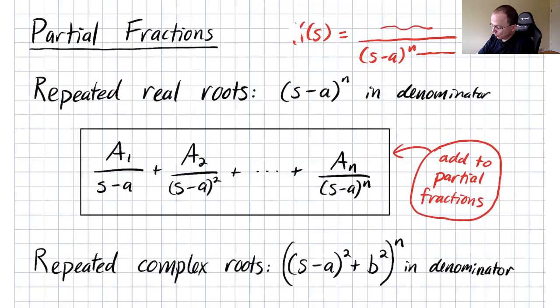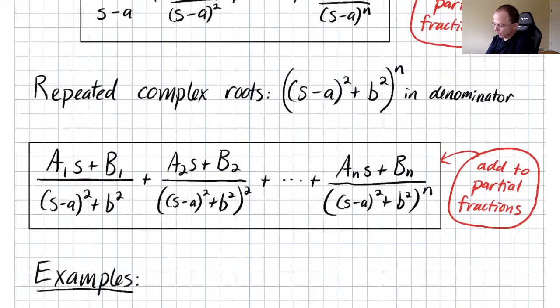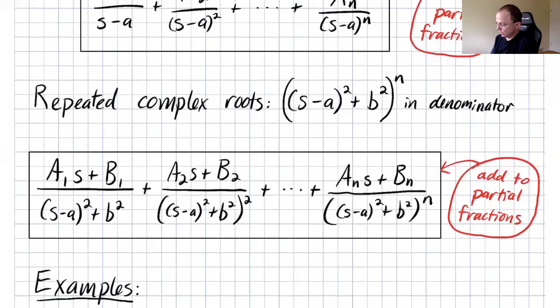Now, what if we have repeated complex roots? So for repeated complex roots of the characteristic polynomial, that corresponds to having a term like this in the denominator of our Laplace transform. So we have an s minus a squared plus b squared.